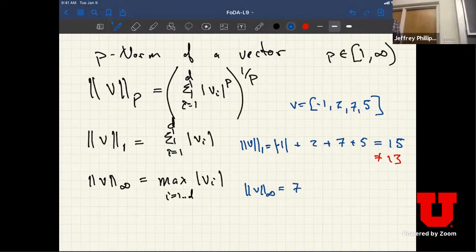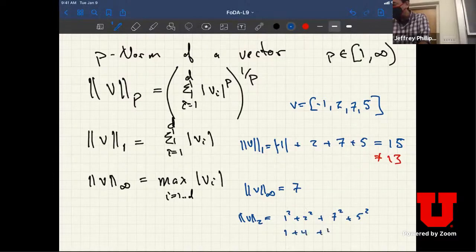That's the biggest. Okay. If I do the 2 norm, this one I probably would want to calculate with Python, probably because I'm lazy, but let's try and do it. 1 squared plus 2 squared plus 7 squared plus 5 squared. This is 1 plus 4 plus 49 plus 25.